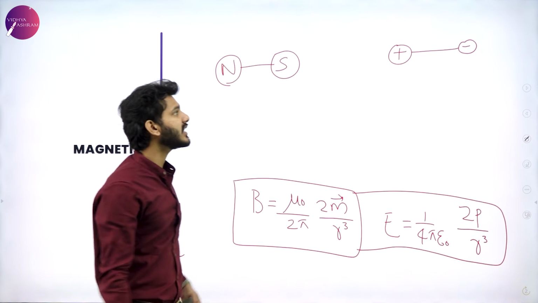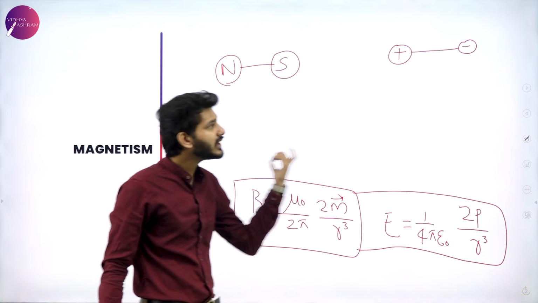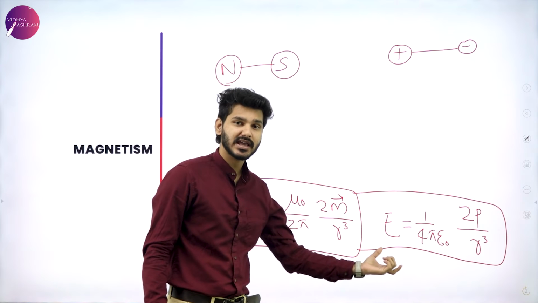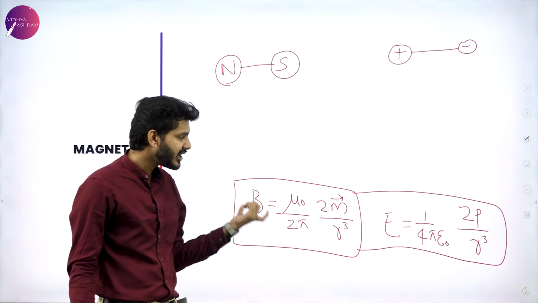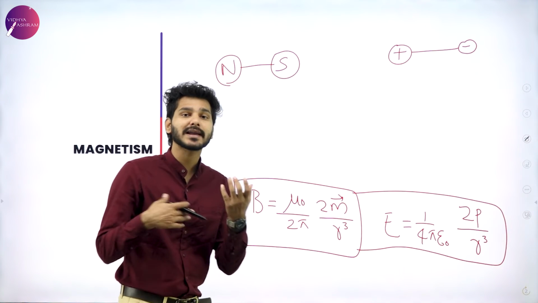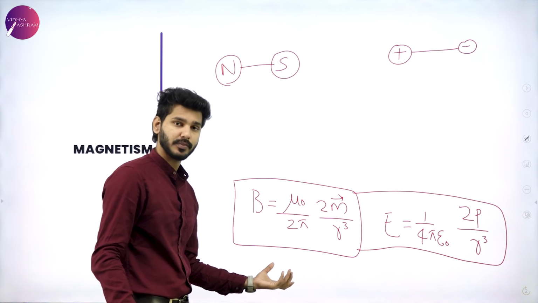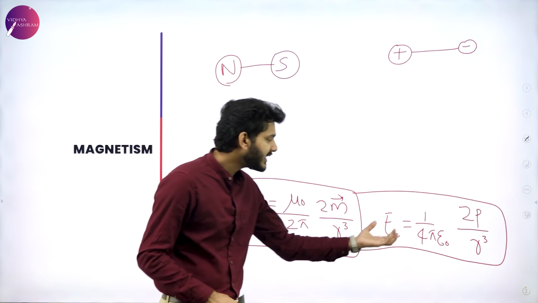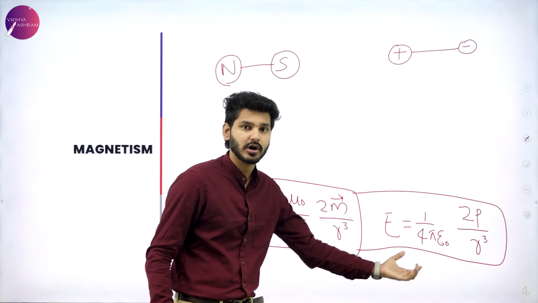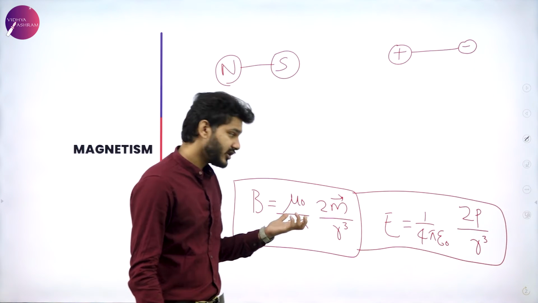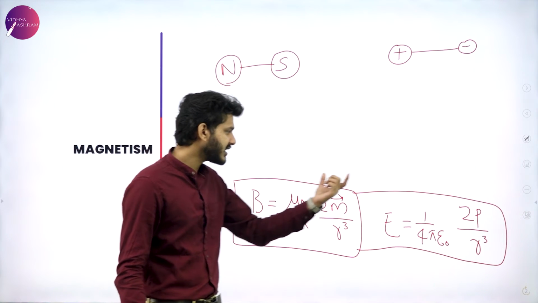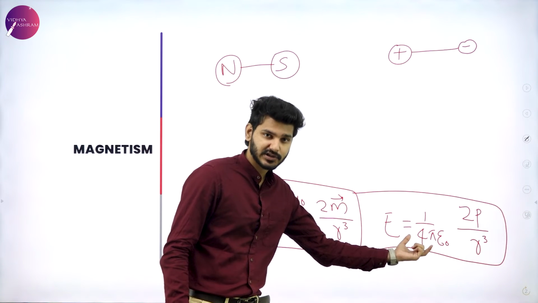So we are comparing a magnetic dipole with an electric dipole, which means they have a similarity. Here the constant we use for magnetism is mostly mu naught by 2 pi, or simply mu naught, magnetic permeability. And here we are using the constant epsilon naught, that is electrical permeability. So here are the constants we use for magnetism, and here the constants we use for electrostatics.